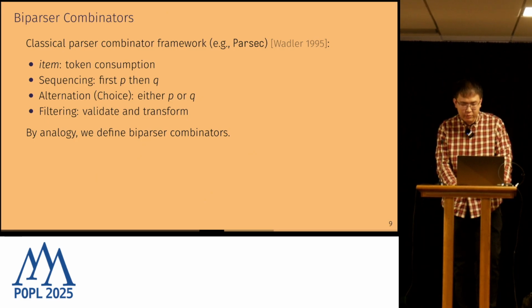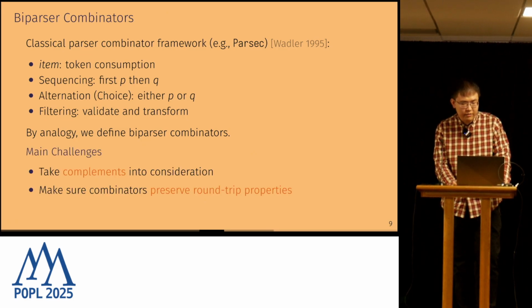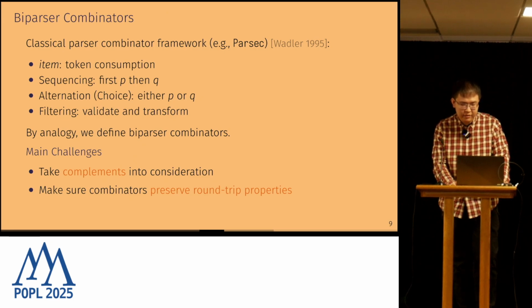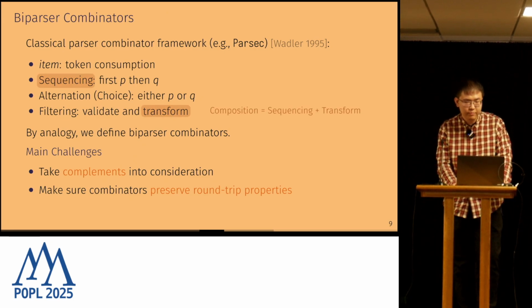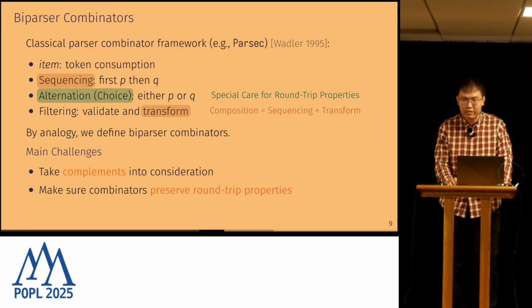By analogy, we define biparser combinators. The main challenges here are, first, to take the complements into consideration, and second, to make sure that all these combinators preserve the round-trip properties. As I have already mentioned, composition is sequencing and transformation combined, so we have already addressed 2 of them. And actually, the hard part is the choices.